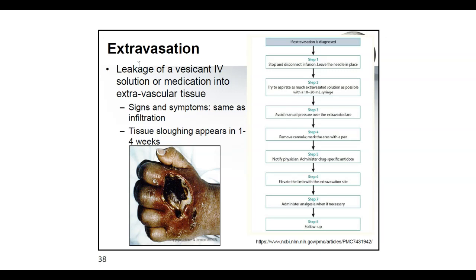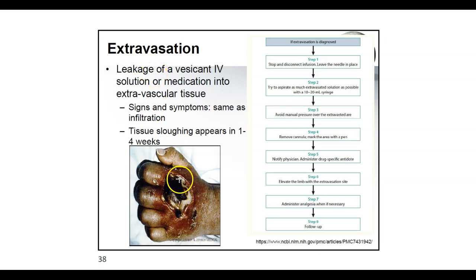Signs and symptoms is going to be initially very similar to infiltration. So you'll have pain in the area, swelling in the area, maybe it can be pale, warm, and so on. But eventually what happens with extravasation is that it causes some tissue damage, tissue necrosis, and you can start seeing tissue sloughing in about 1 to 4 weeks depending on your patient.